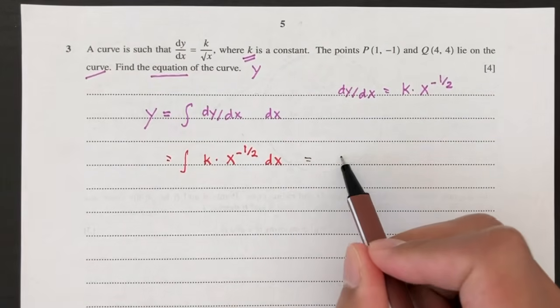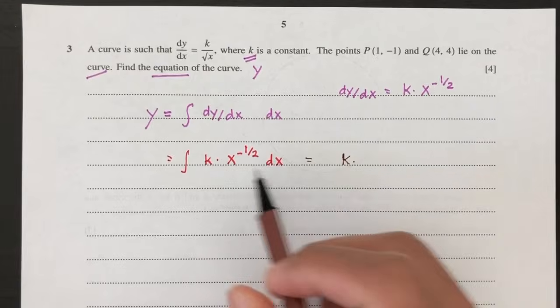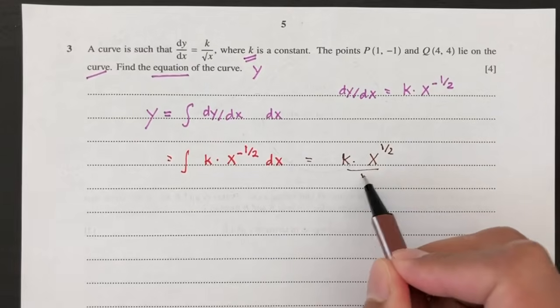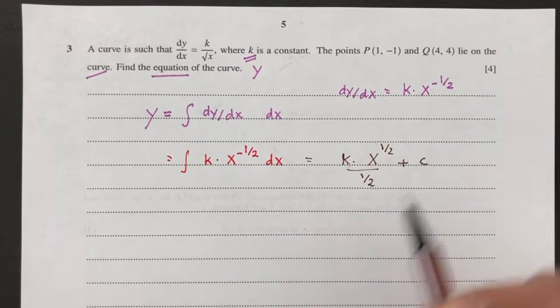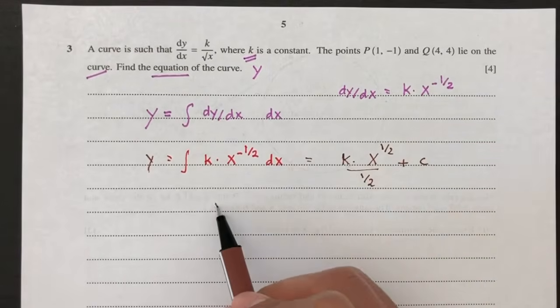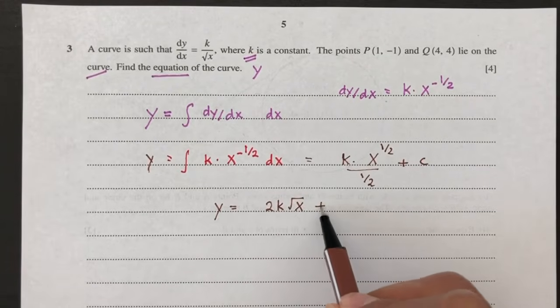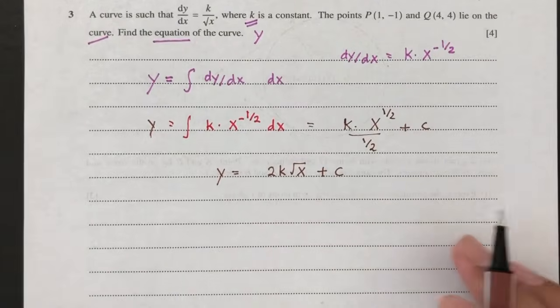So k is just a constant, that will be outside. And then for x, we plus 1 to the power, it will become 1/2, and divide by 1/2. Of course, plus c. So right now we have y = 2k root x + c. That is the equation of the curve.